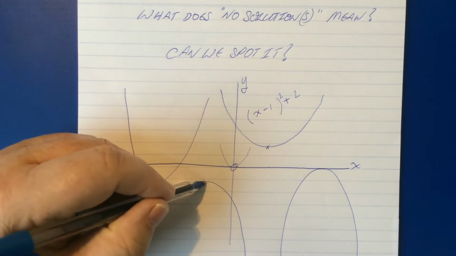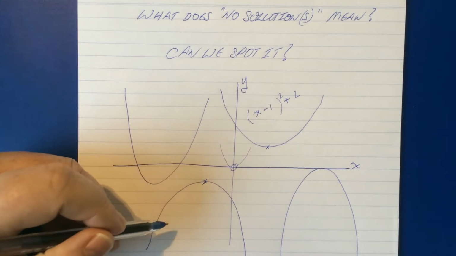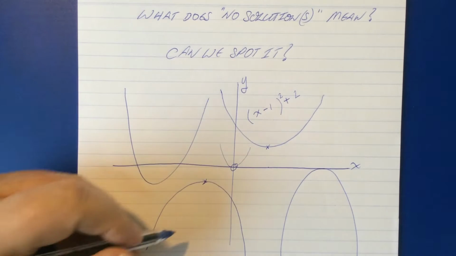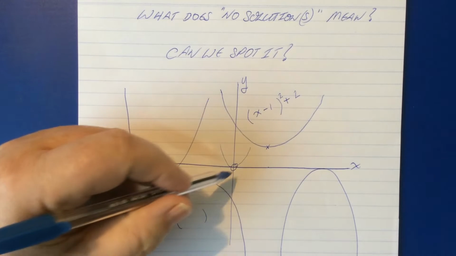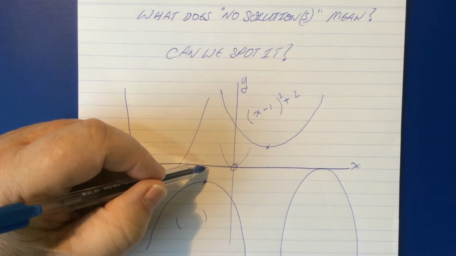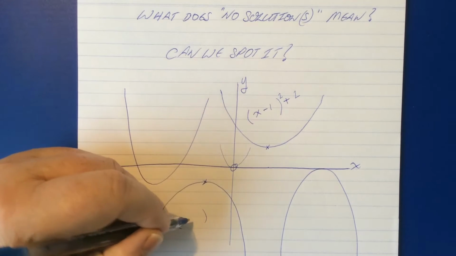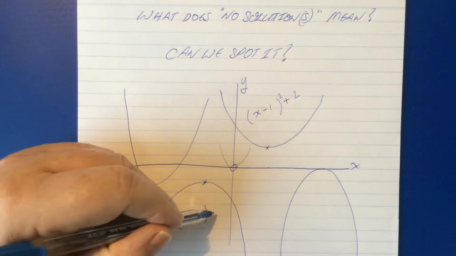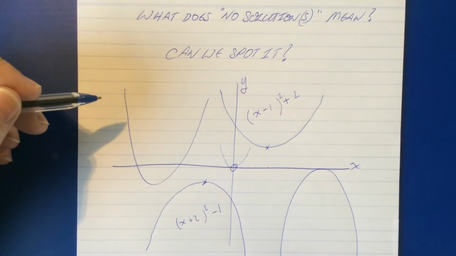Again, we'll do this in turning point form, because this is the form in which it's really fairly easy to spot these. And let's say that it's been moved 2 to the left. Okay, so that's x plus 2 all squared, and down 1 for argument's sake.